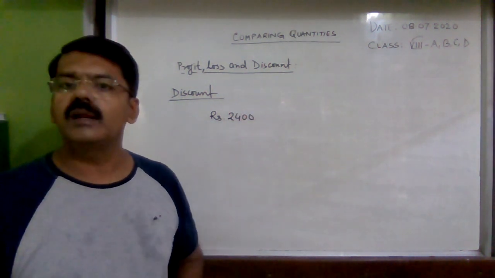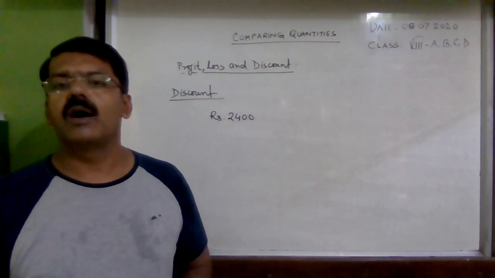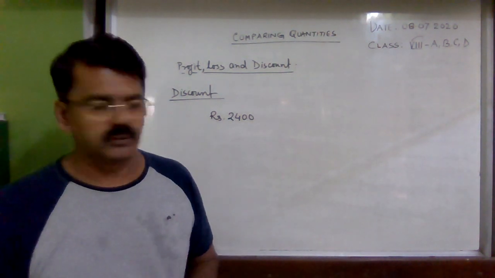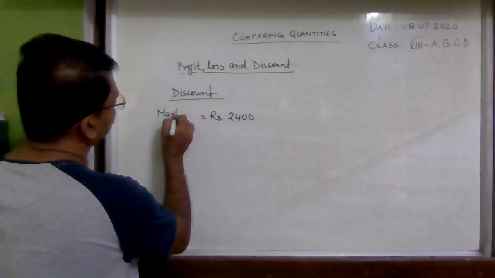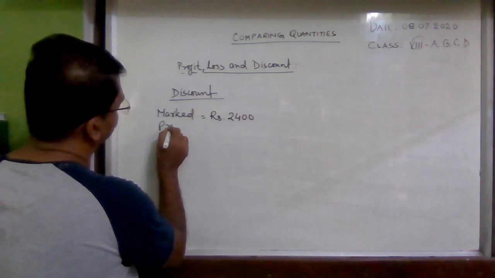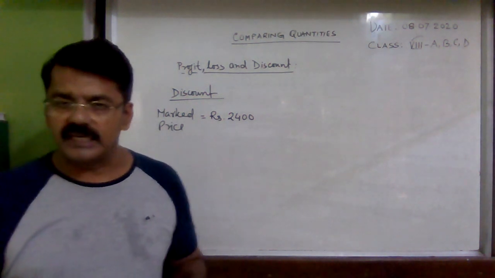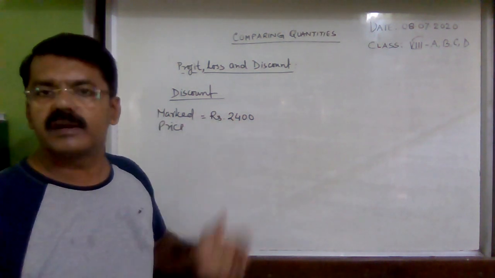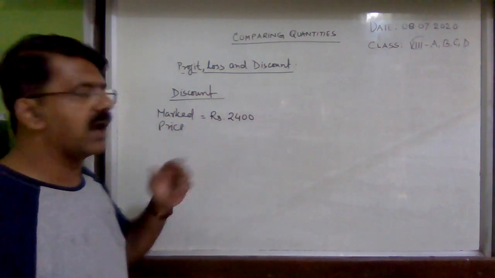So this is called the marked price or the list price or the catalog price of that pair of shoes. So rupees 2400 is written on the box, so it is called the marked price.